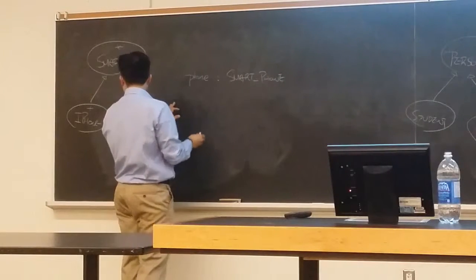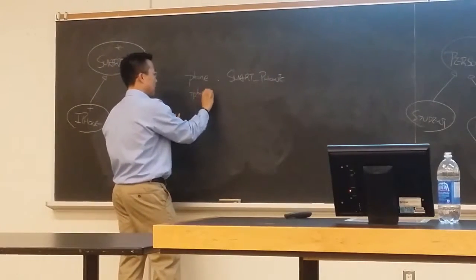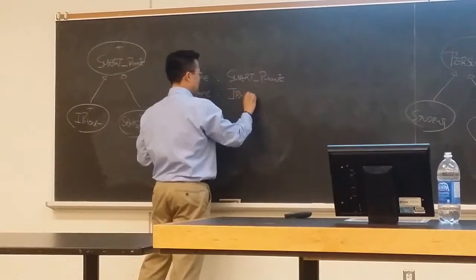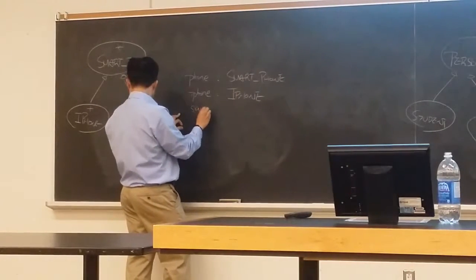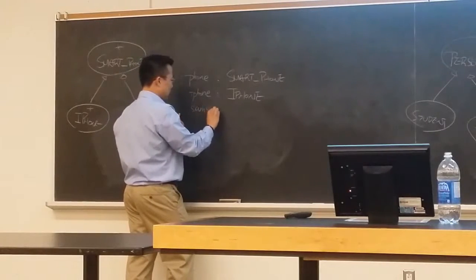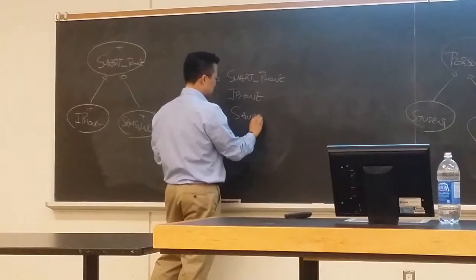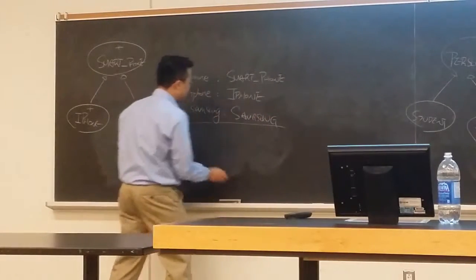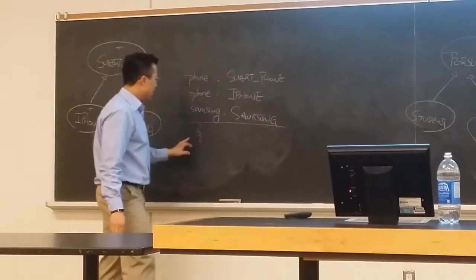Now you also have, let's say, iPhone, and now you also have Samsung. So we have three variable declarations. Let's say somehow you do some initialization there.